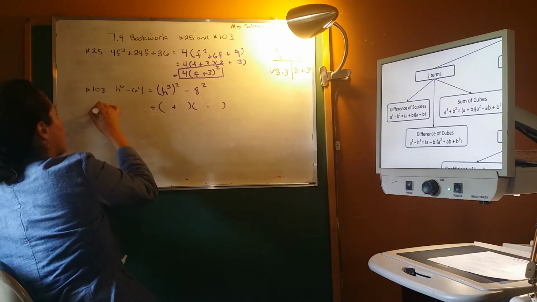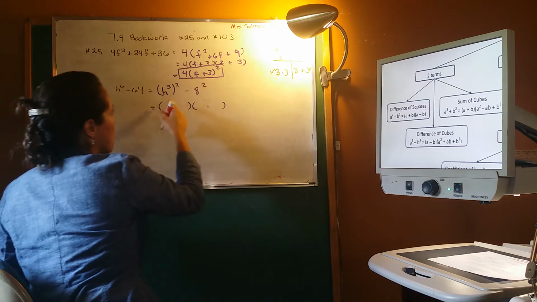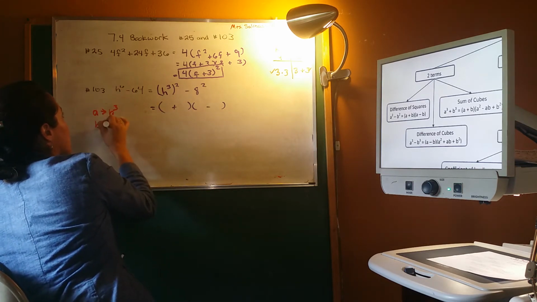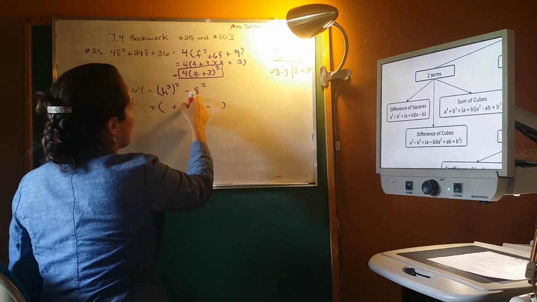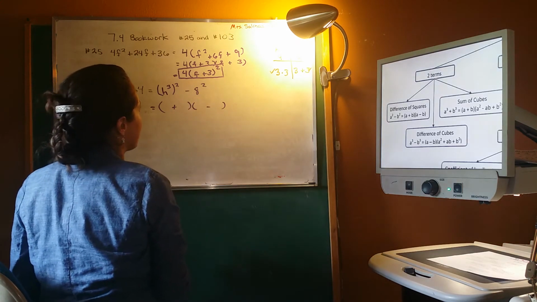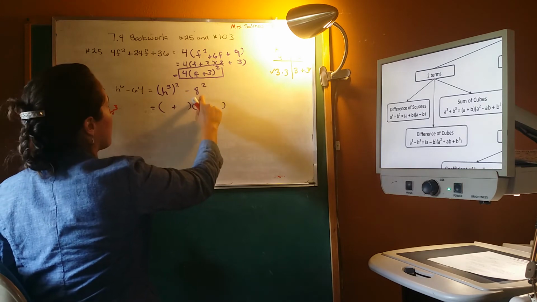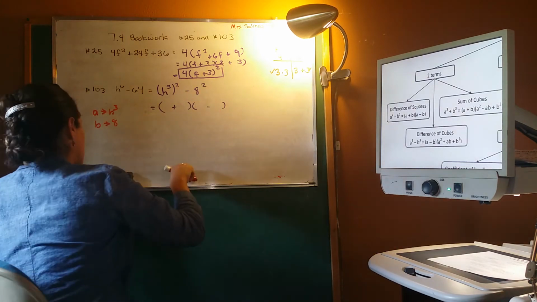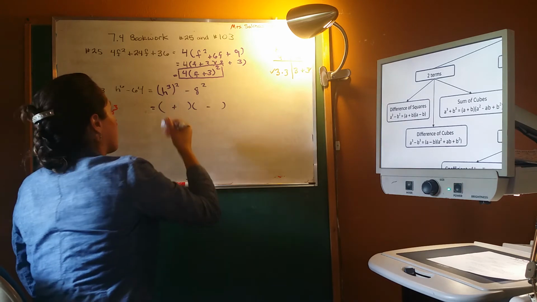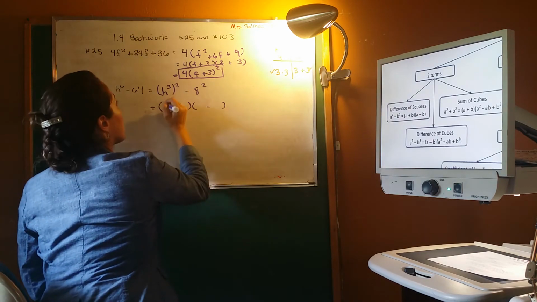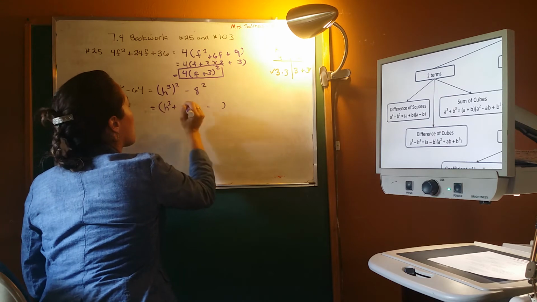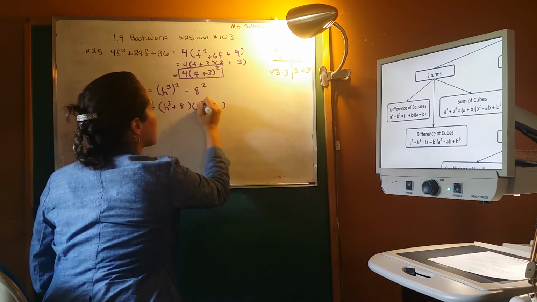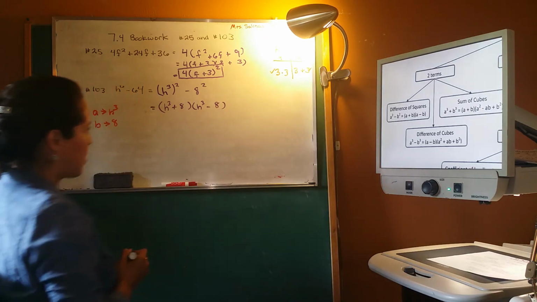According to our problem here, a is going to be h cubed and b is going to be, we've got to figure out what that is. Actually, no, b is 8. Got it. So I just need to fill in the blanks here. Right? I've got h cubed plus 8, and then h cubed minus 8.